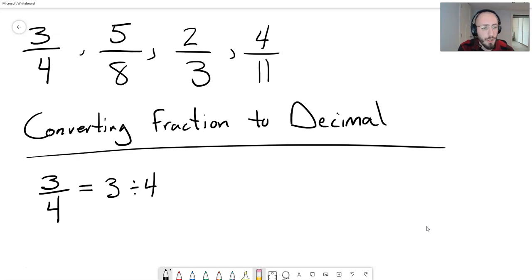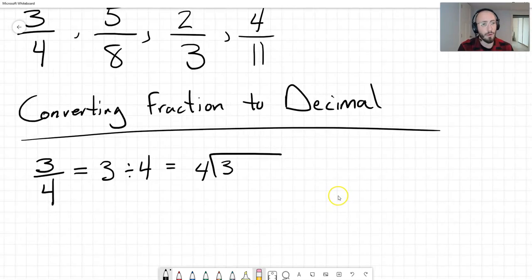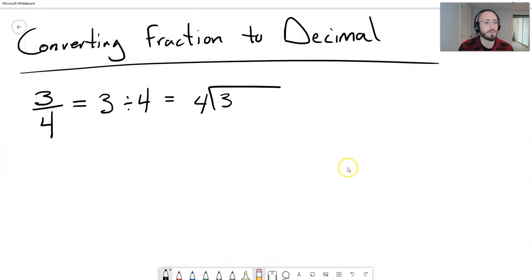We're going to divide the numerator by the denominator, and that is going to give us the decimal form of this fraction.